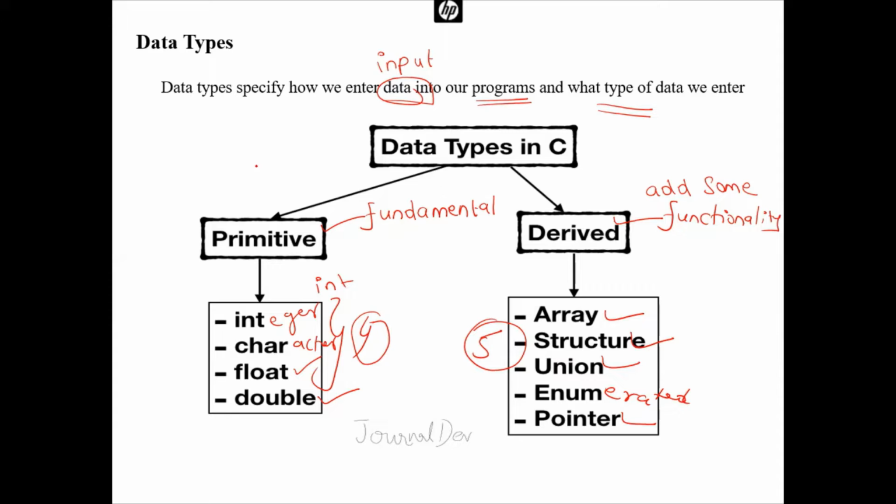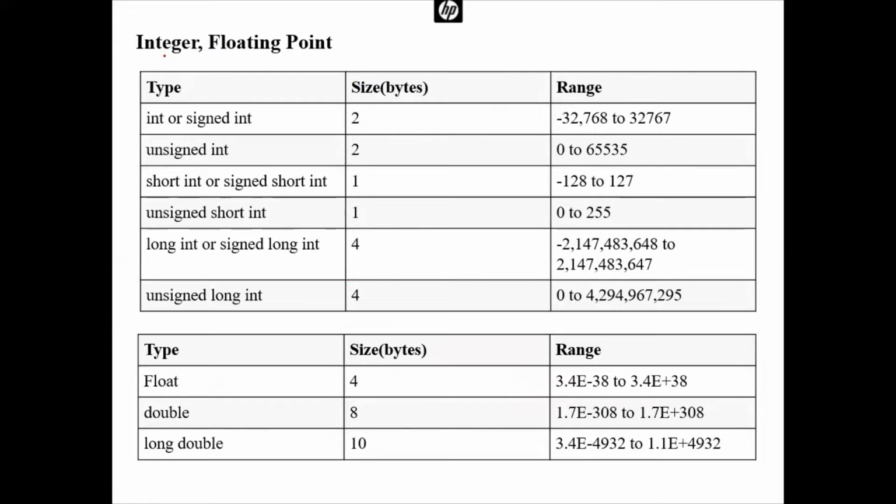In this lecture, we are going to elaborately see the primitive data types. The first one is called an integer. Based on the size, it will vary. Integers are real numbers, whereas floating point numbers are decimal or fractional numbers like 0.0 or 0.1 or 0.5 or minus 0.5.